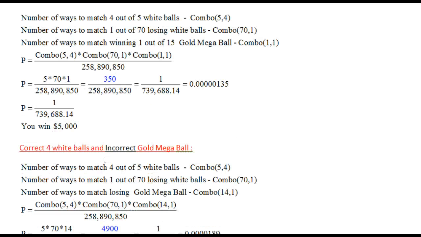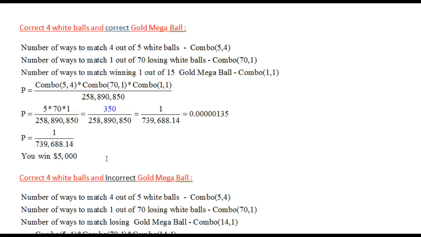Let's look at if we correctly pick 4 of the white balls and correctly pick the gold mega ball. And I'm giving you all these scenarios because I'm only going to do a few of these in the table, and then I'm going to let you put your hand at it and do the rest of the remaining scenarios of different balls that you can win prizes for.